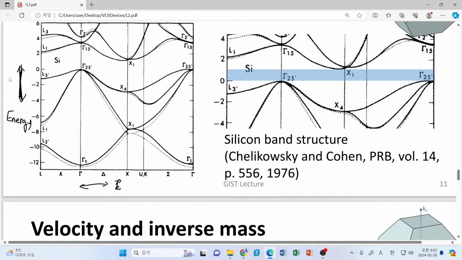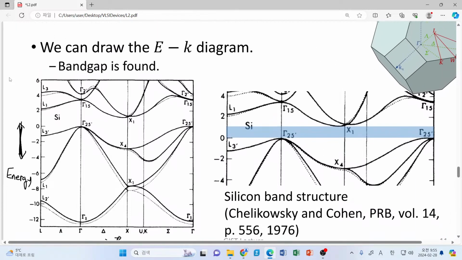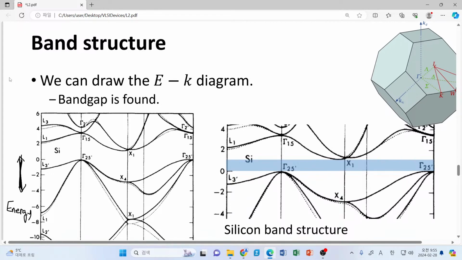But unfortunately, visualizing this k vector in three dimensions is quite difficult for all of us. So instead of drawing every point inside our first three-dimensional Brillouin zone, physicists do a more clever way.